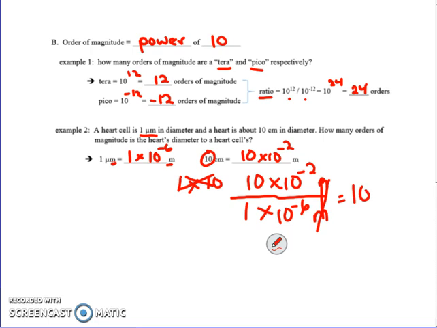Again, you should be doing this on your graphing calculator to make sure you get the right answer. Just don't listen to what I say and copy it down. It is 10 to the positive 4th. So 10 times 10 to the 4th is the same as 1 times 10 to the 5th. So roughly, the heart itself is 100,000 times bigger in diameter, at least, than the cell.